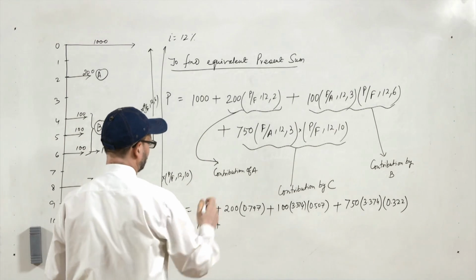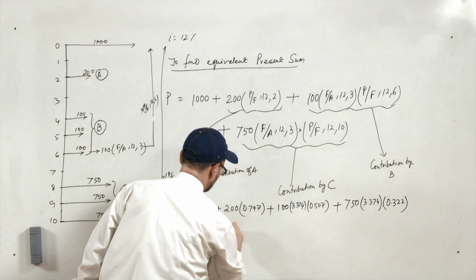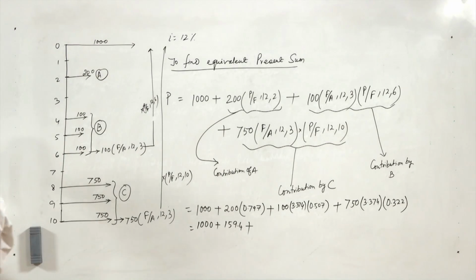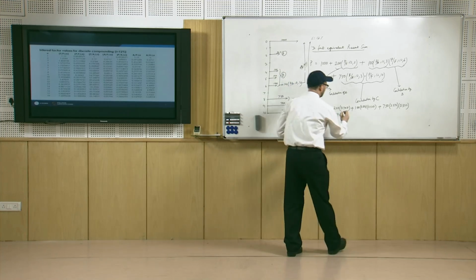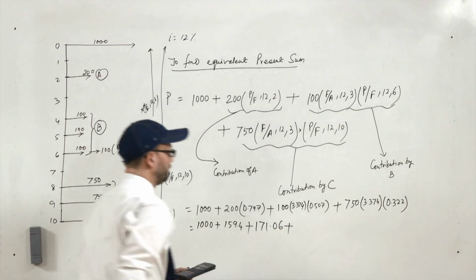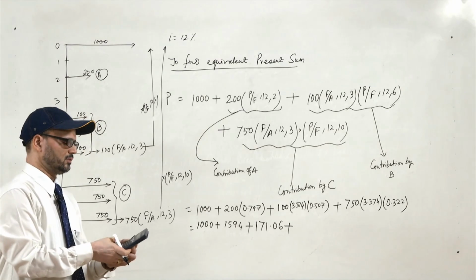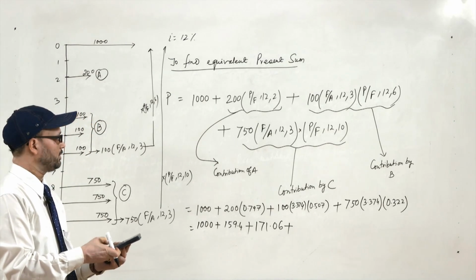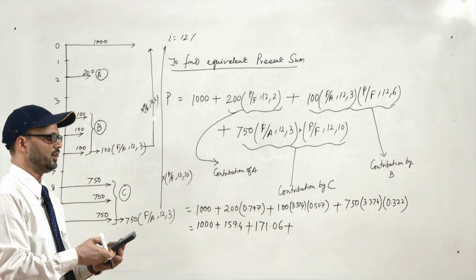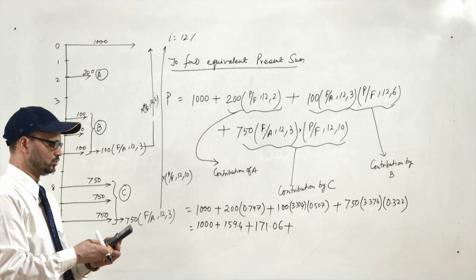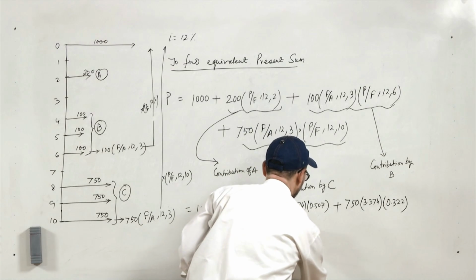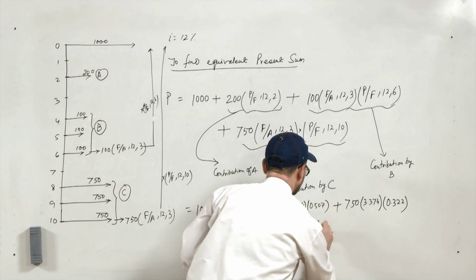In this case we can get the value 1000 plus 159.4 plus 171.06 plus 750 multiplied by 3.374 into 0.322, which is 814.82.